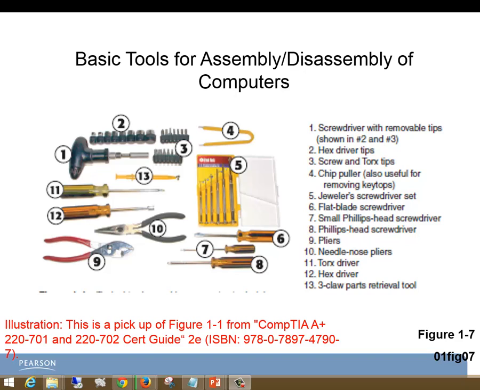Number 5 is a great thing to have in case you're working on a laptop or inside of a computer, a jeweler's tool, screwdriver, because there's some screws that are small that you may need to take off. Number 13 is also a great one, a little 3-claw retrieval in case you drop a screw down in the computer. A pair of pliers is a good thing to have.